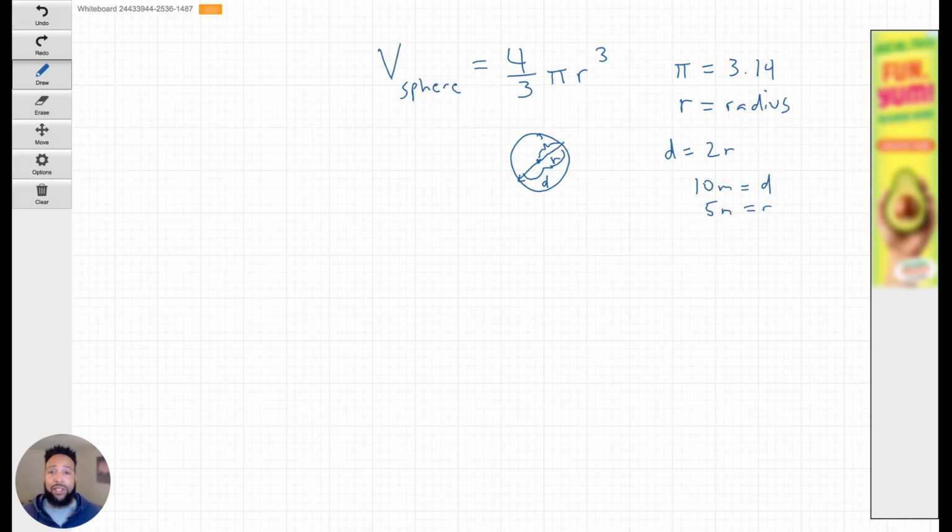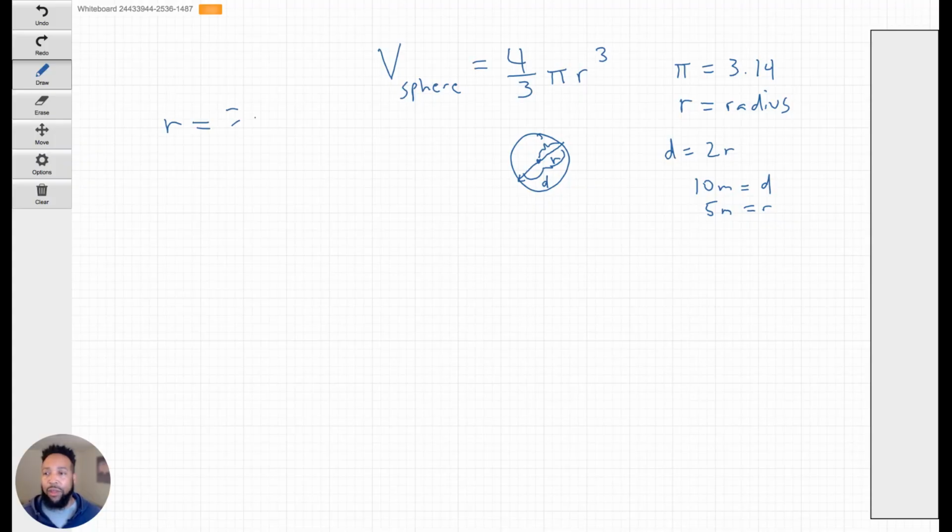All right, so let's get started. So we have the volume of a sphere is 4/3 pi r cubed. Let's just say for this first problem, we have r equals 3 meters.